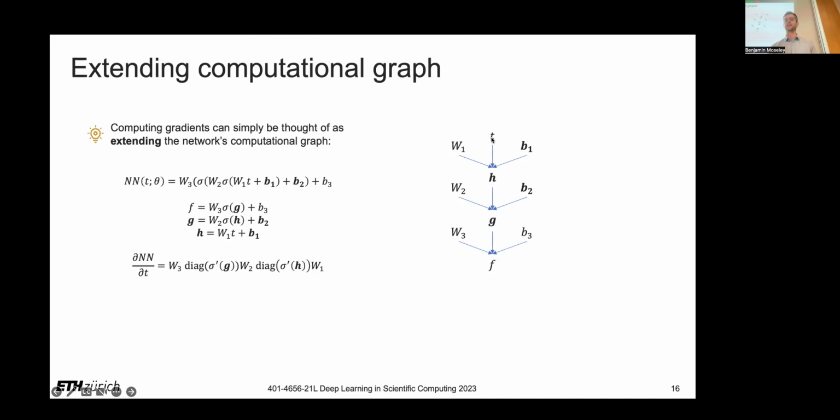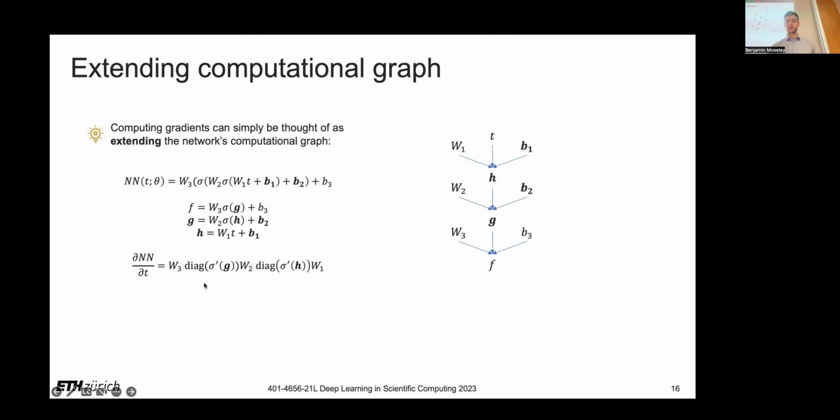Remember I said autograd creates a computational graph where you have your inputs here, T, and these different parameters that you apply to it. And autograd will then compute all of our vector Jacobian products if we're doing reverse mode differentiation. And it will communicate those backwards as a message passing through the graph, effectively evaluating the chain rule.